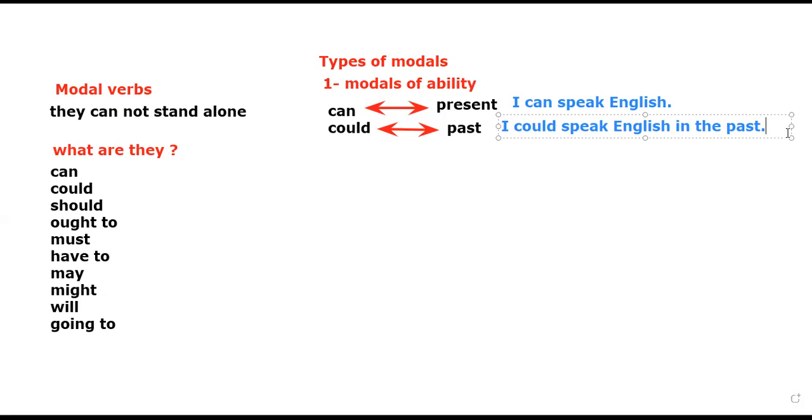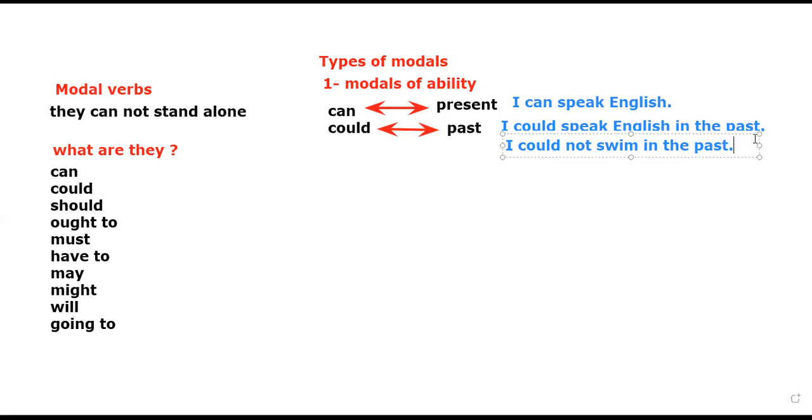You can say, for example, I could not swim. Okay, I couldn't swim like in the past. I could not swim in the past.